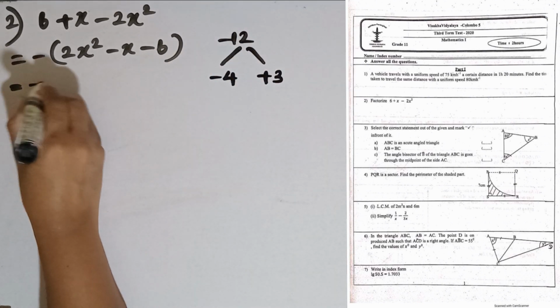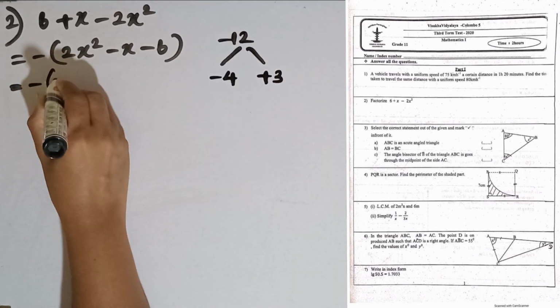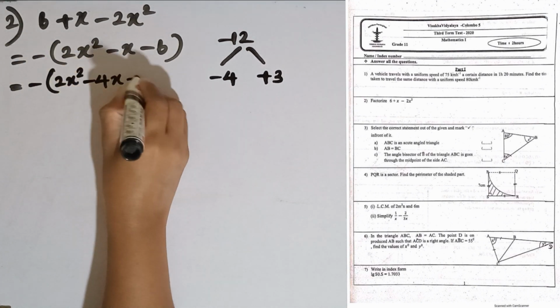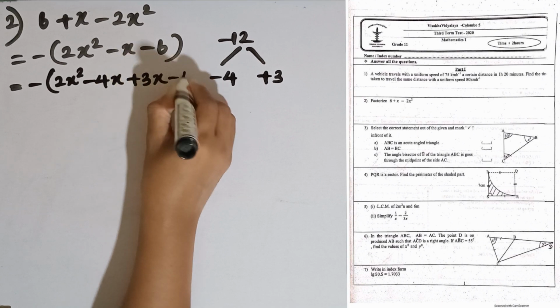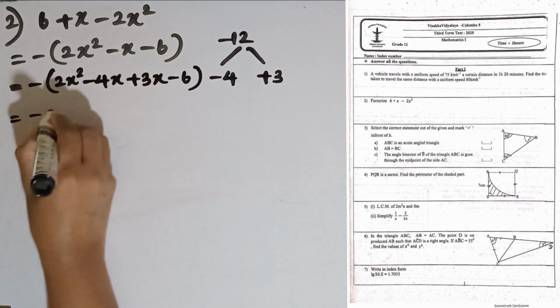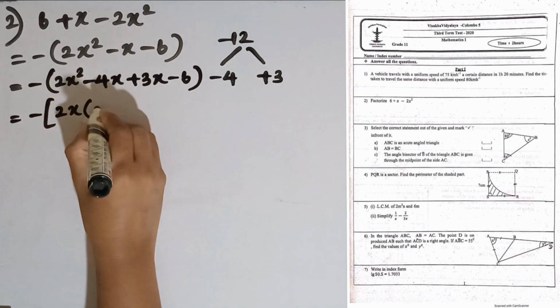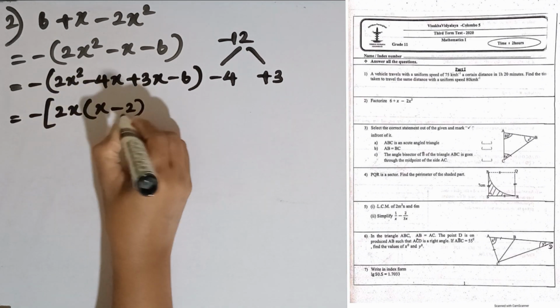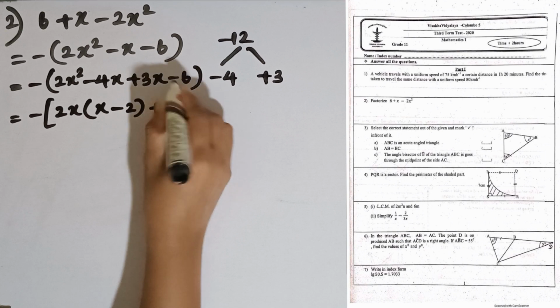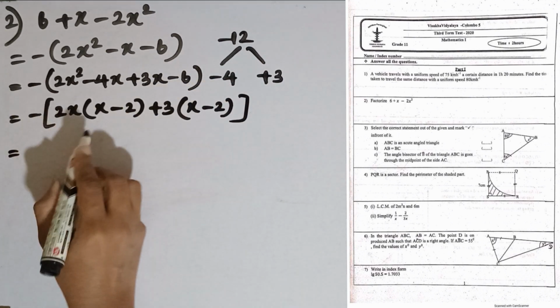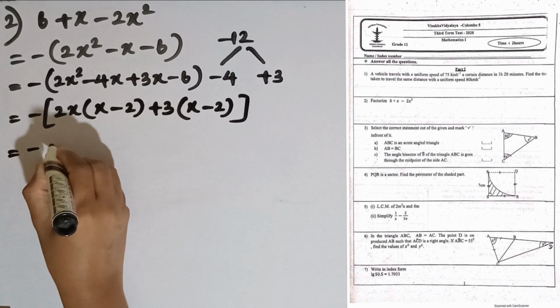Then I can write like this, minus, then 2x squared minus 4x plus 3x minus 6. Then minus times, then I can take 2x out here, 2x times x minus 2 plus 3 times x minus 2. Then x minus 2 is common here.